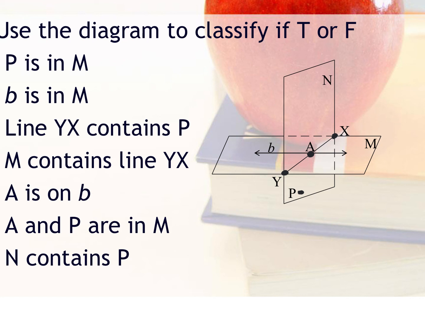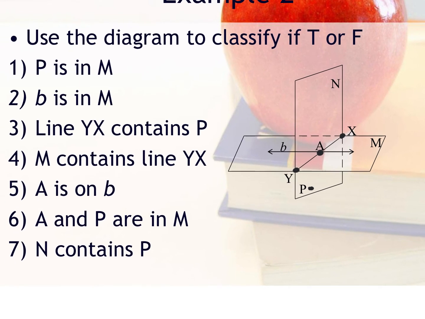And when you take a test or a quiz, it'll be clear which ones are points and which ones are naming the plane. So the capital N and the capital M, they are not points. Those are the names of the plane.